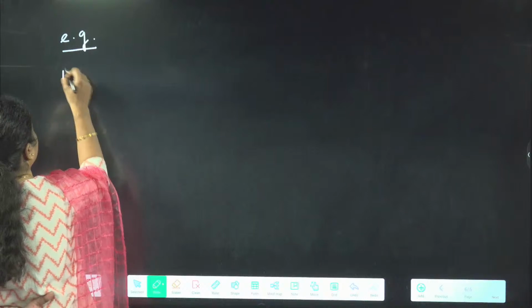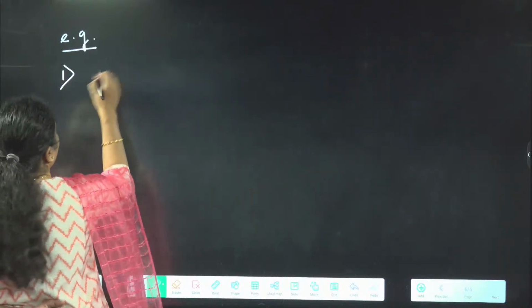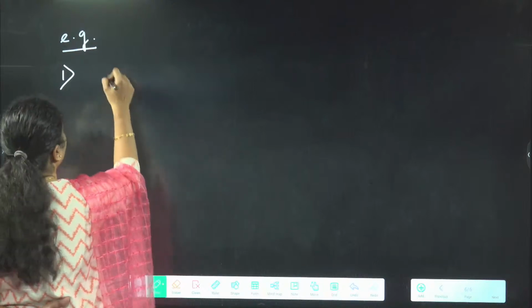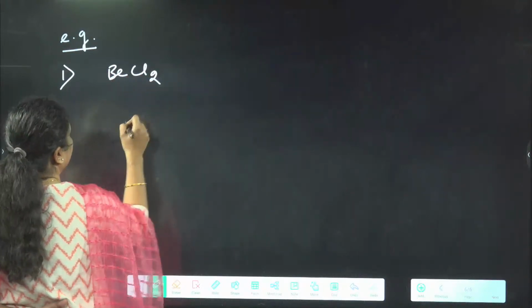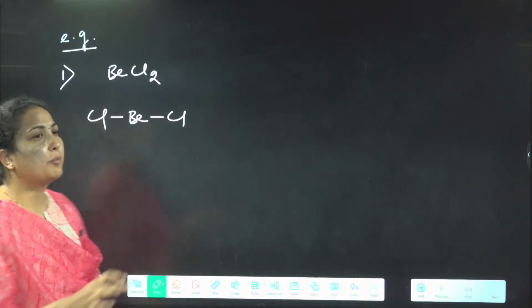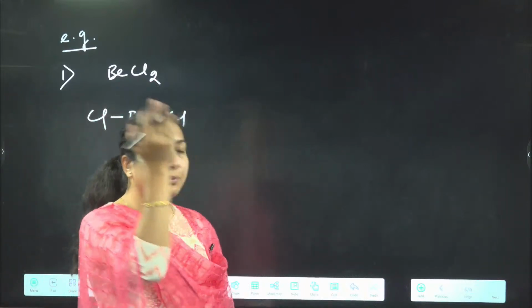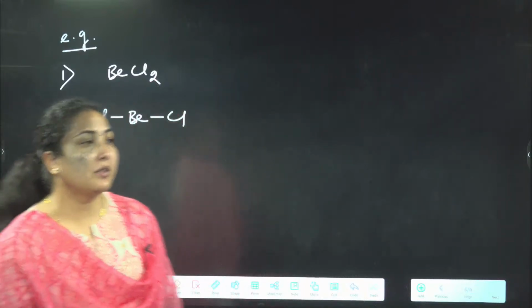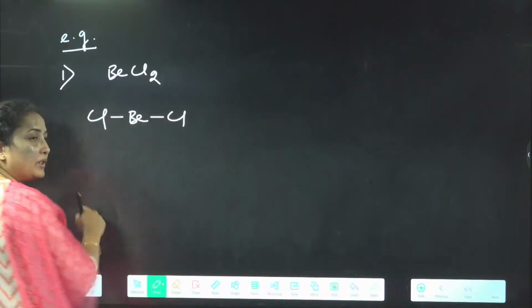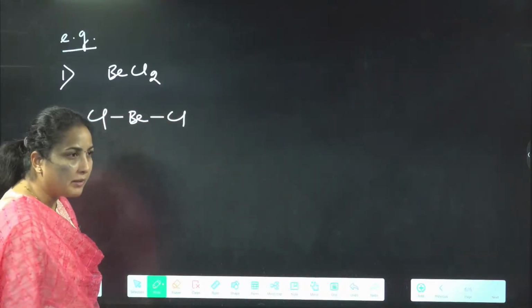Now let us see a few examples here. Suppose I give you BCl2. I'll write the structure like this, and for the dipole moment, you bring back your VSEPR table in your mind. That will really help you out. So there are two things to arrange. This is the only regular geometry which I am having.